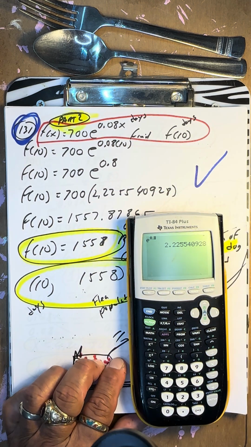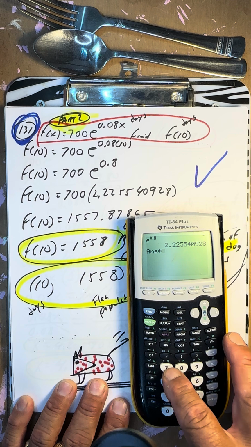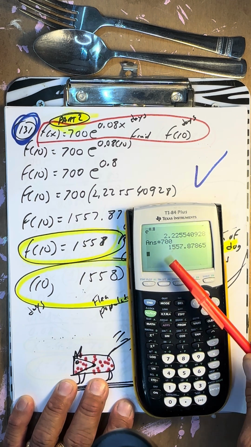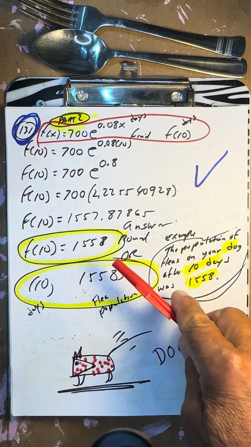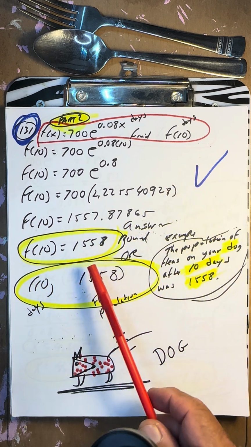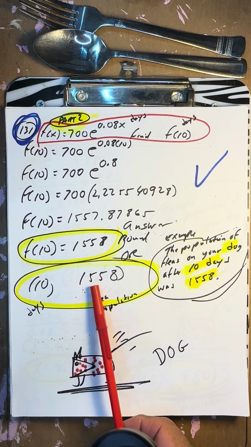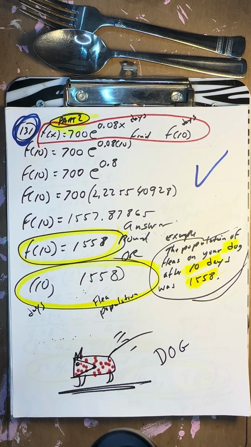Times 700 is 1557.87. So round it out to 1,558. So 10 days later, the flea population, the population of fleas on your dog after 10 days, was 1,558.